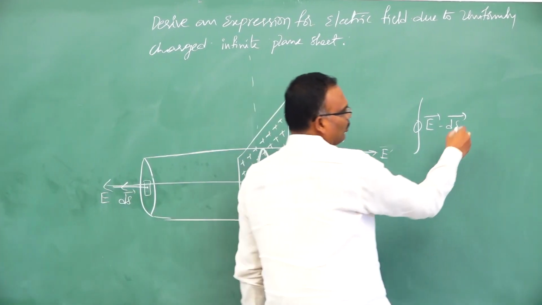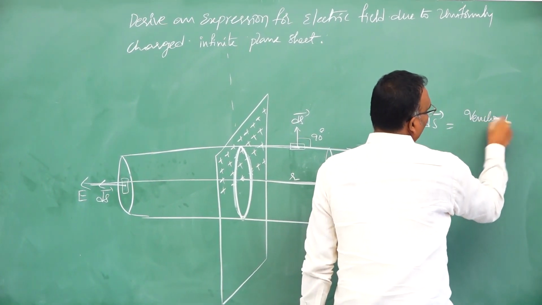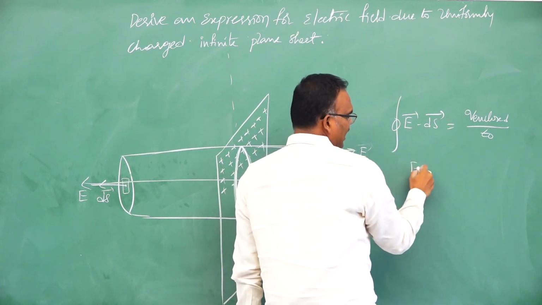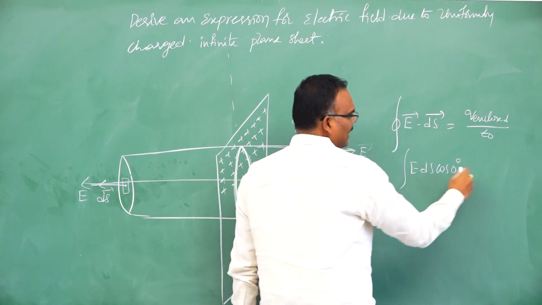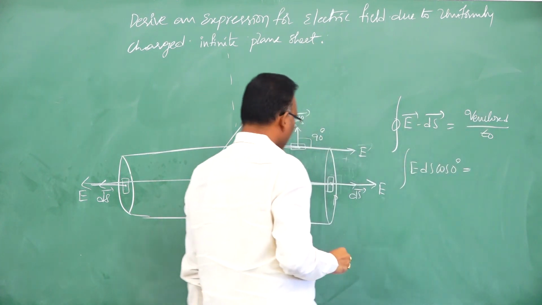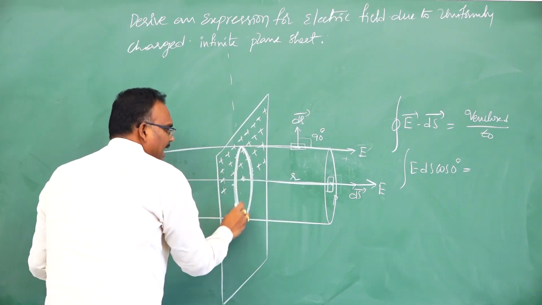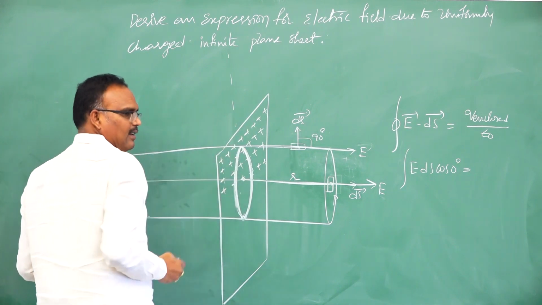Okay, that is equal to charge enclosed divided by epsilon naught. This I will write as integral of E ds cos 0 is equal to charge enclosed, I need to write the charge enclosed here. That means I need to calculate the charge lying on this circular area on the sheet. It's a plane, so you will get a circle.